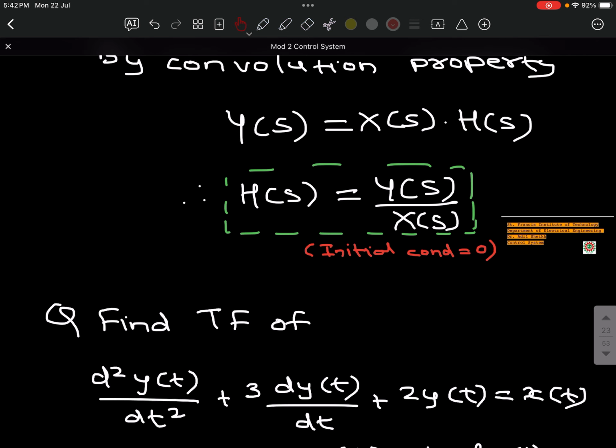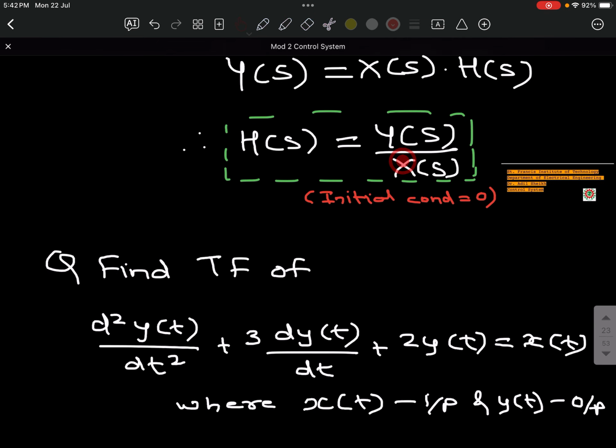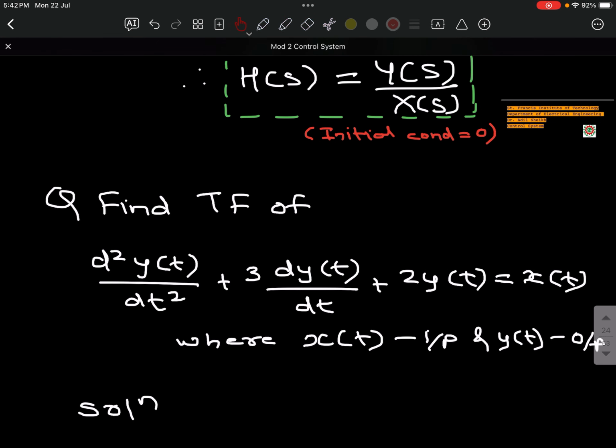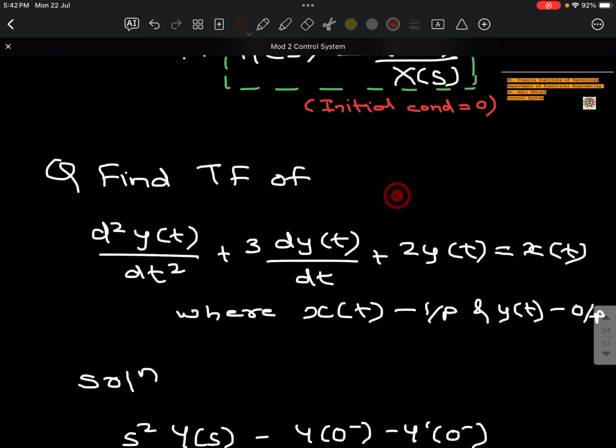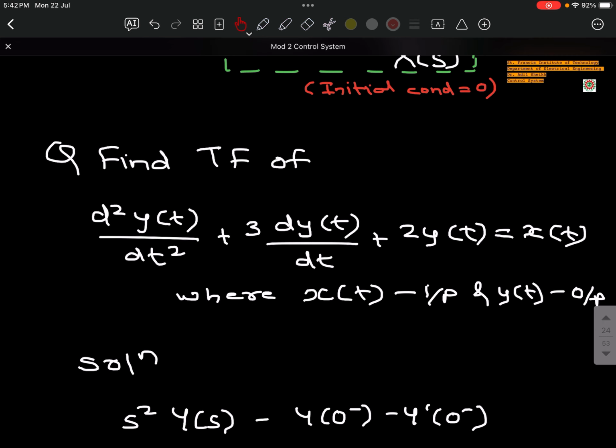Now let's take an example: find the transfer function of d square y of t upon dt square plus 3 dy of t upon dt plus 2 y of t is equal to x of t. Now what happens to the transfer function? If you remember the property of differentiation of Laplace, which we have seen in the previous videos, we will take the Laplace transform like this.